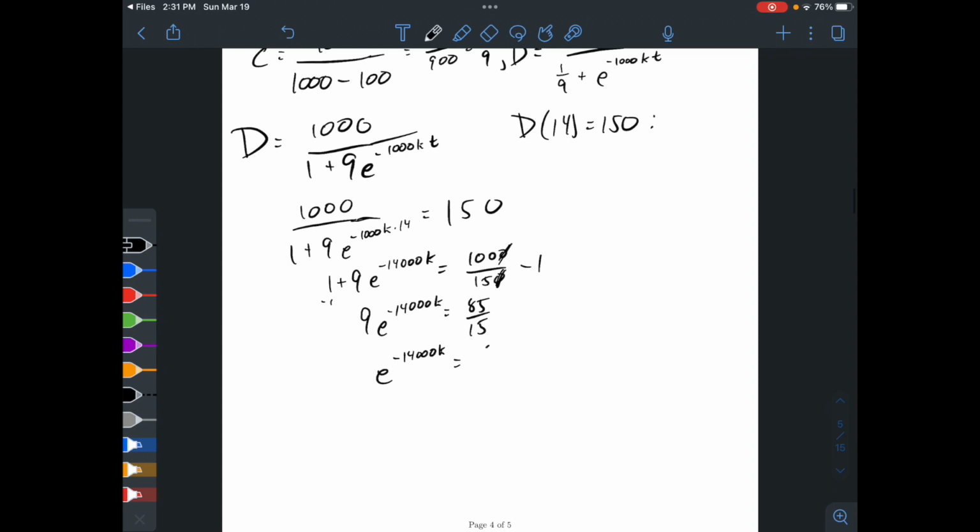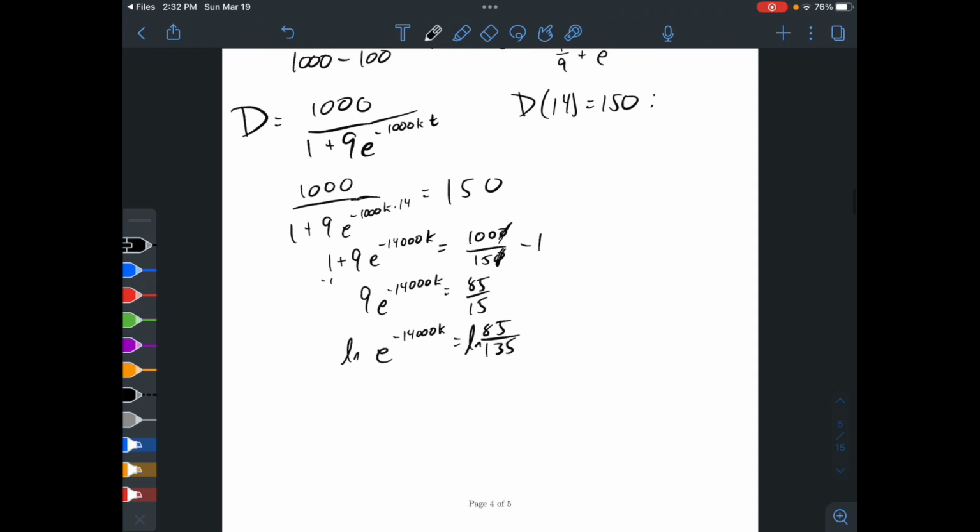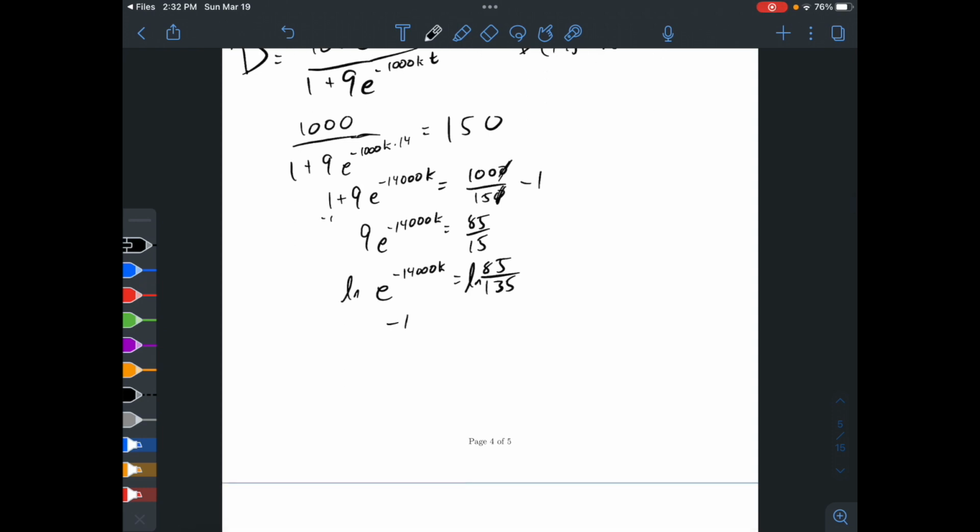And then divide by 9, and I get 85 over 9 times 15, which is 135. And then we can take ln of both sides. We get negative 14,000 k is equal to ln of 85 over 135. So k is negative 1 over 14,000 times ln of 85 over 135.